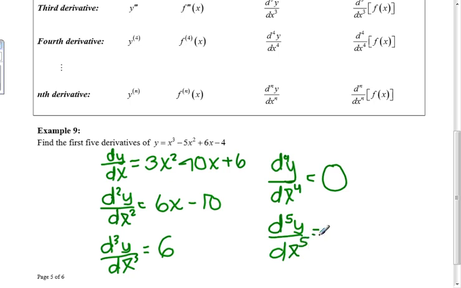Alright, so notice each time here, the power decreased by 1. So if we have a cubic function and we take the derivative, we get a quadratic function. If we take the derivative of a quadratic, we get a linear, okay? And so that relationship still holds even if you're doing continuous derivatives.